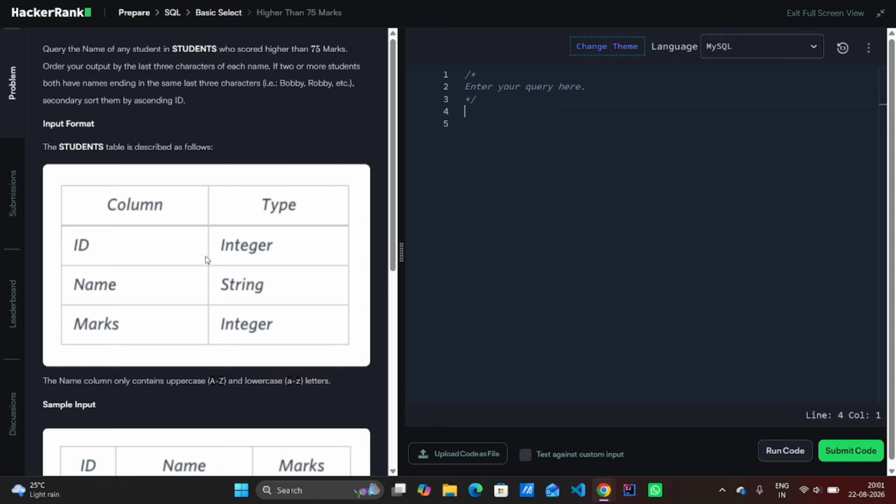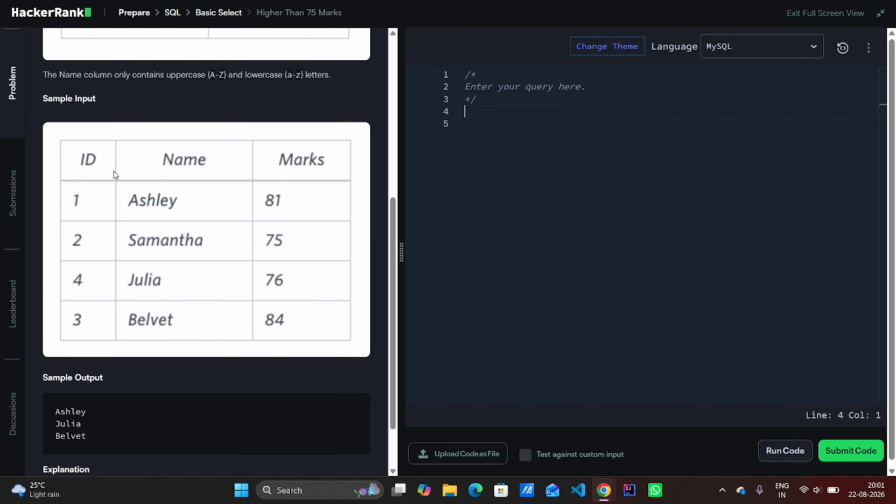So we have to query the names of the students from this student table and order the output according to the last three characters of their names. And if the characters are the same, we have to sort them according to their IDs. So here we can see the sample output: ID, name, marks.